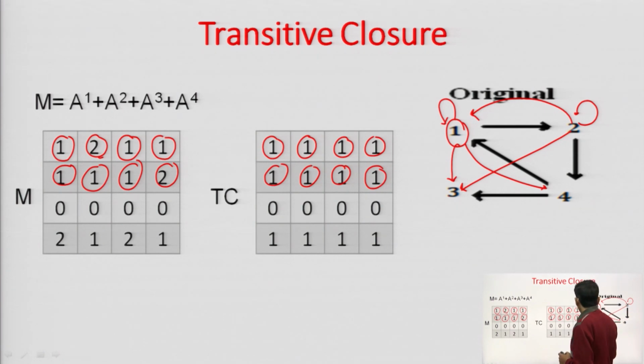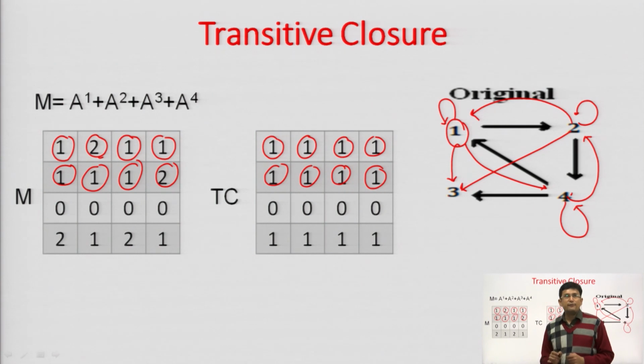Then with 3 there are no outgoing edges. From 4 to 1 there is already an edge. From 4 to 2, 4 to 3 there is already an edge, and 4 to 4. So this transitive closure is telling you information about which vertices are approachable. It will be telling you which vertices are not approachable as well.